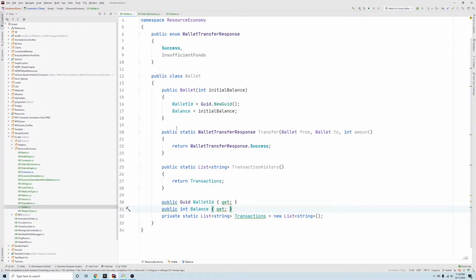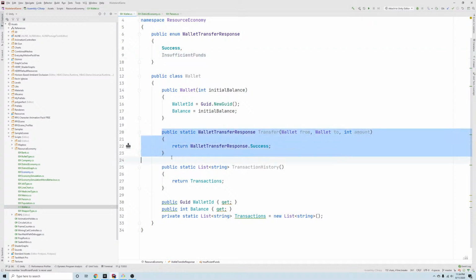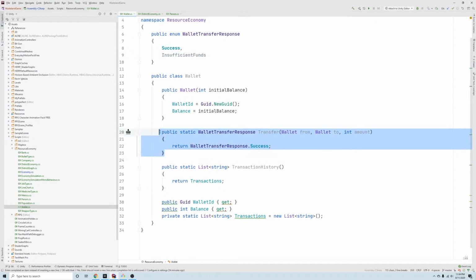I'm also probably going to use some global functions here. Not going to use the singleton pattern yet for this. And there'll be one method, and it will take in a wallet to transfer funds from, and a wallet to transfer funds to, and then the amount.